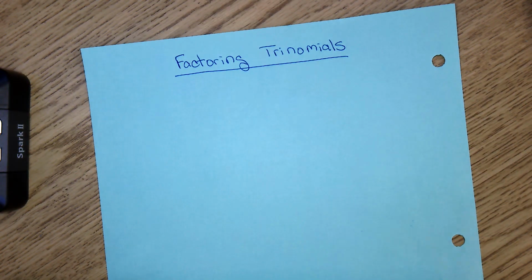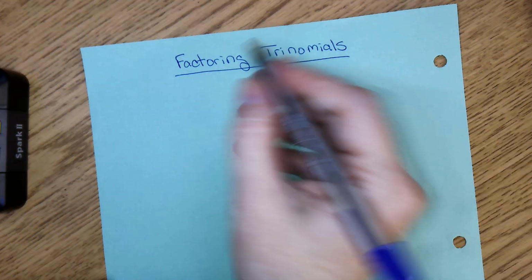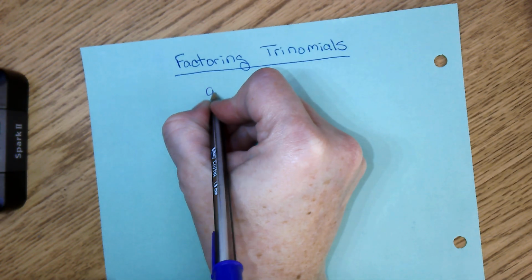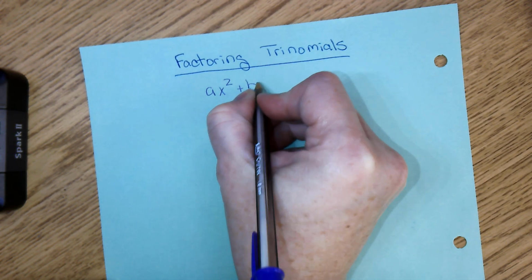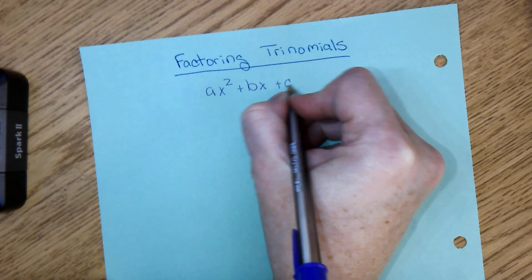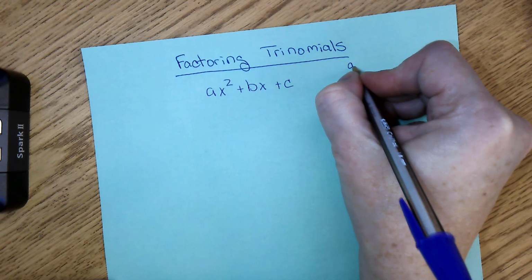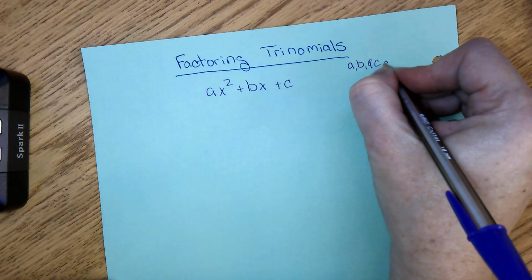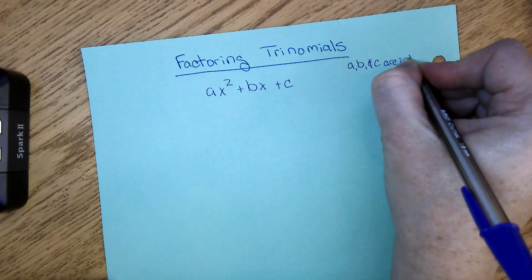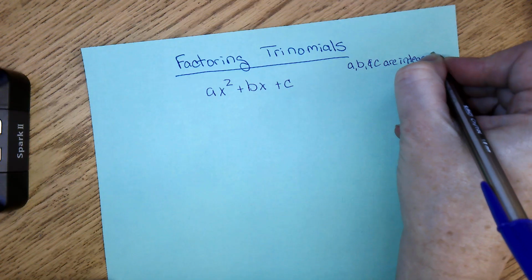steps. All right, so trinomials are written in a standard format, all right? Ax squared plus bx plus c, where a, b, and c are integers or numbers, okay?